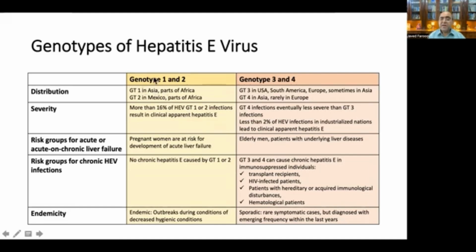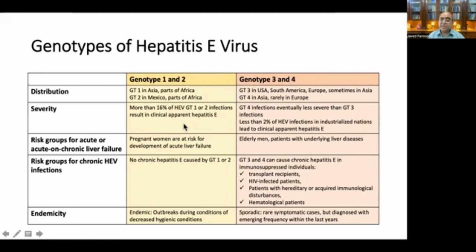We will compare them. Distribution-wise, genotype 1 is found in Asia and parts of Africa, while genotype 2 is found mostly in Mexico and parts of Africa. According to the severity, more than 16% of hepatitis E virus genotype 1 or 2 infections result in clinically apparent hepatitis.